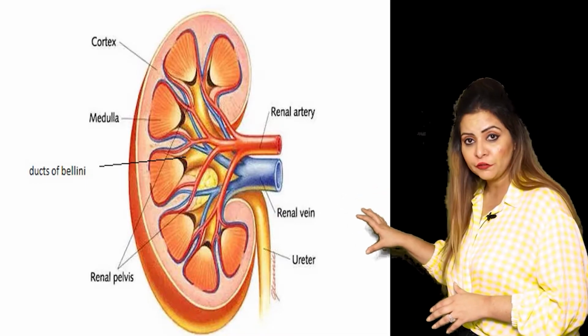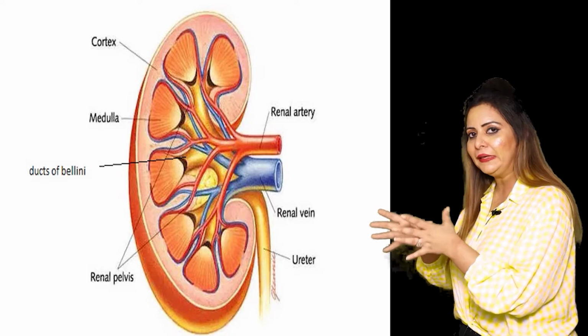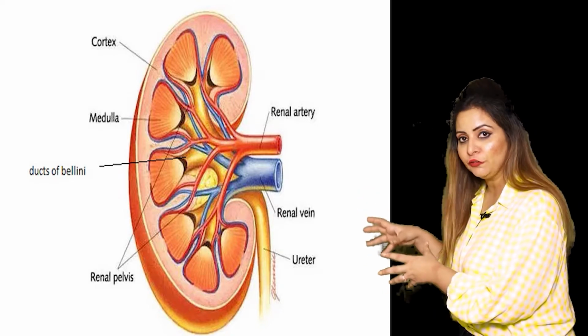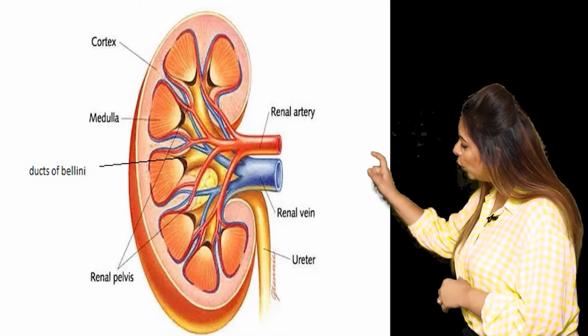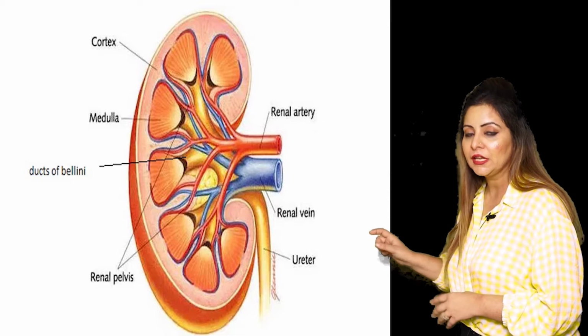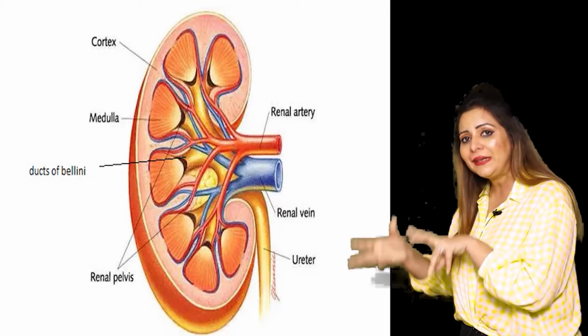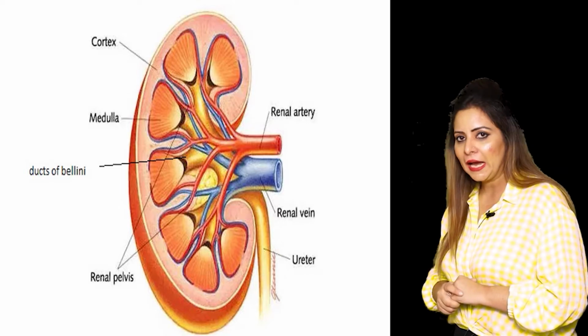Then we have ducts of Bellini, that is the many small ducts which are uniting to form a big duct, those minute ducts. And then they all are leading into a tubular structure, that is called ureter. And the point from where the ureter emerges is called hilum.